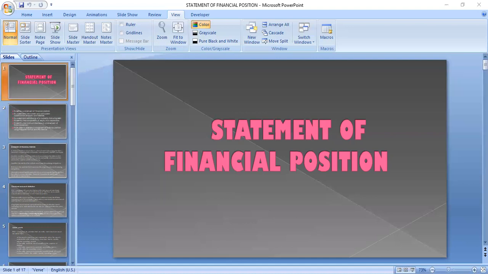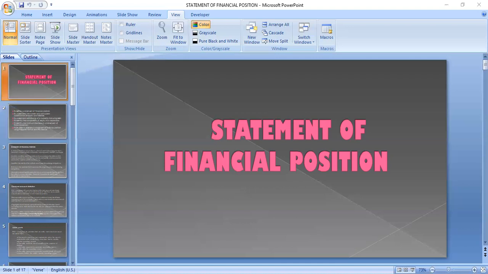A contingent liability is also a present obligation that arises from past events but is not recognized because it is not probable that an outflow of resources embodying economic benefits will be required to settle the obligation, and the amount of the obligation cannot be measured reliably.